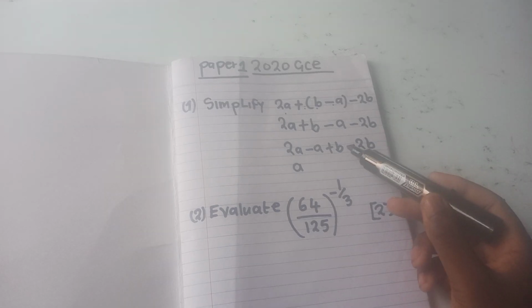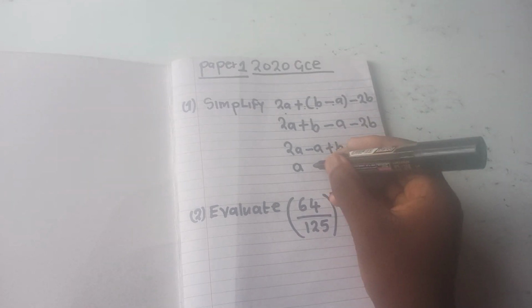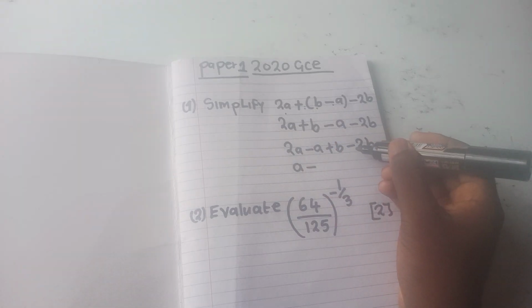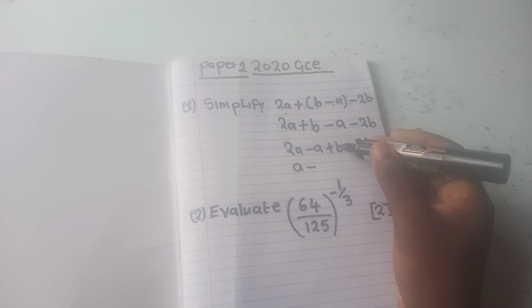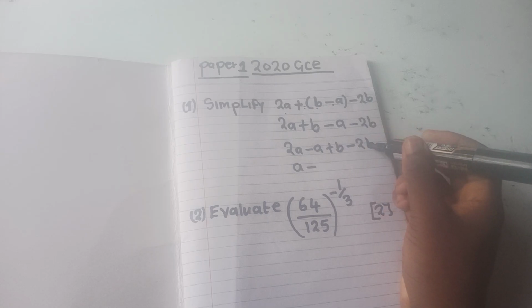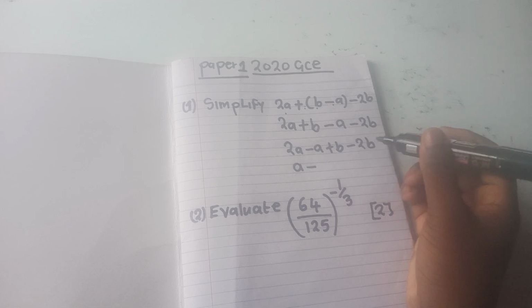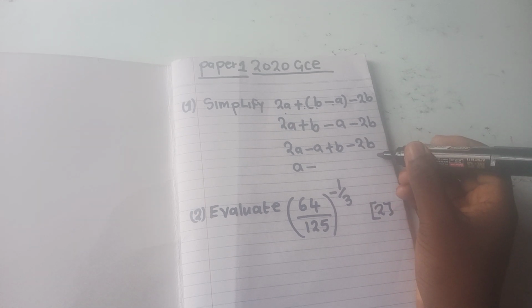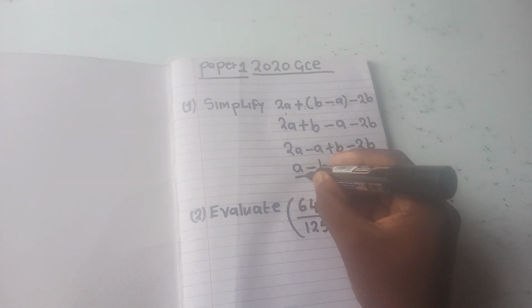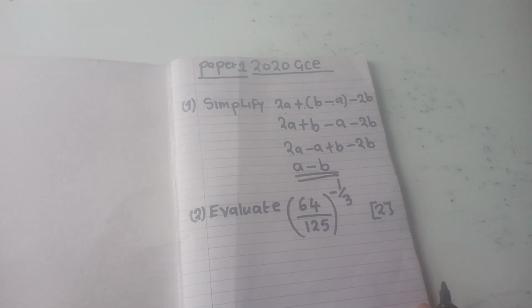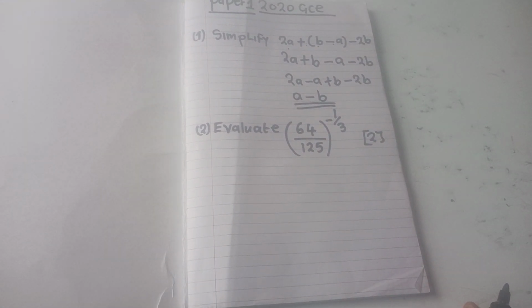So the bigger number between b and negative 2b is negative 2b. So 1 minus 2 is negative 1. So here, what do you write? Negative b. You end there.